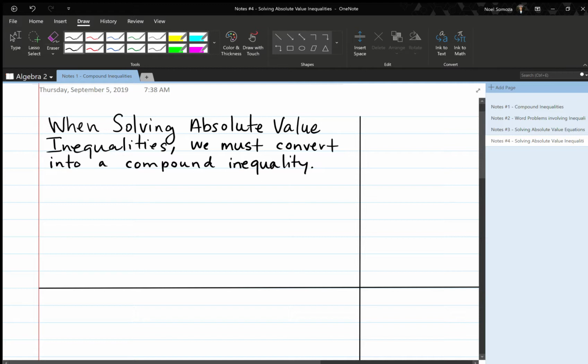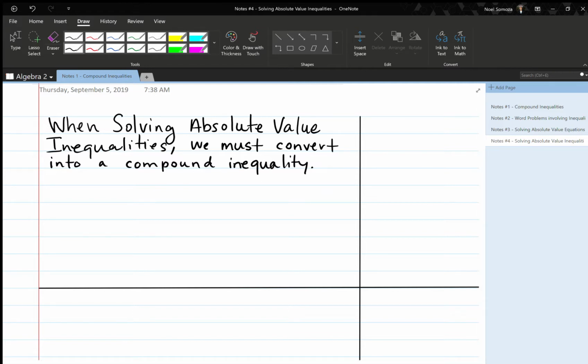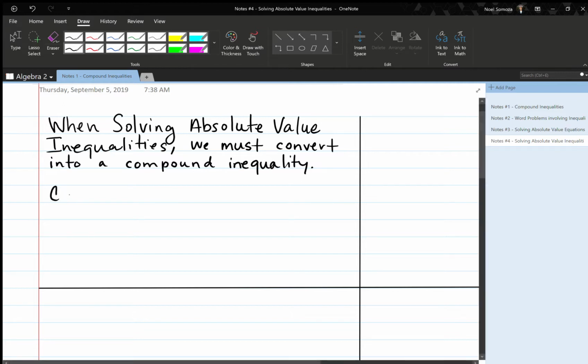Just like before, we had two cases. The first case is when the inequality points toward the absolute value.